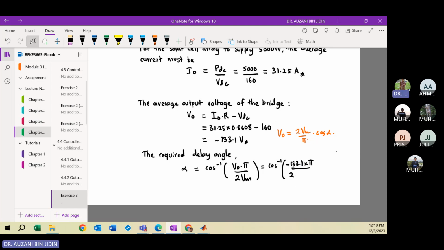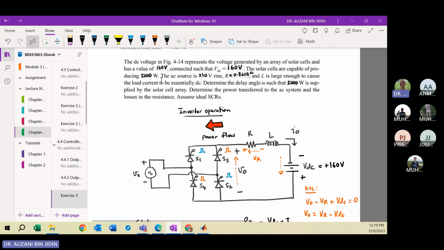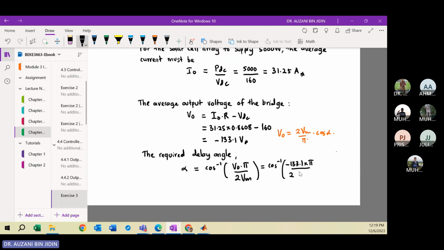What is Vm? Vm is the peak amplitude of the source voltage. Based on the question, the AC source is given as 230 volt RMS, so you need to multiply by square root of 2 in order to calculate Vm. Then you can get alpha as 130 degrees.